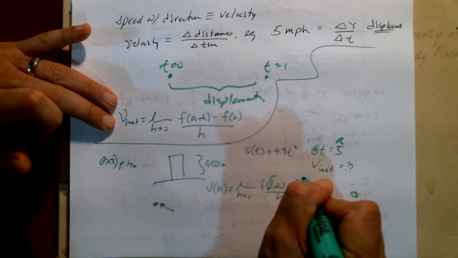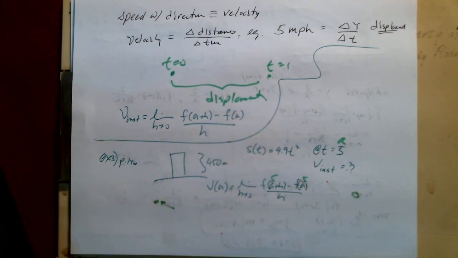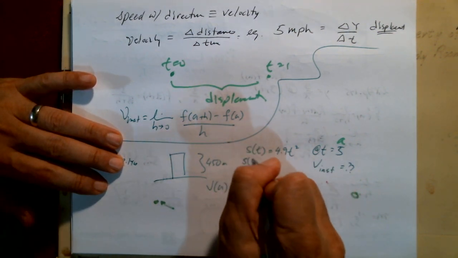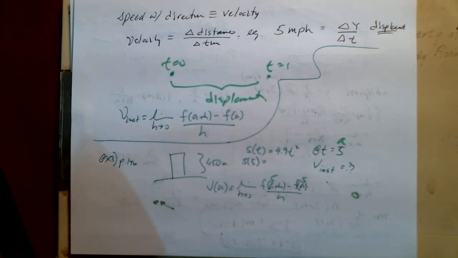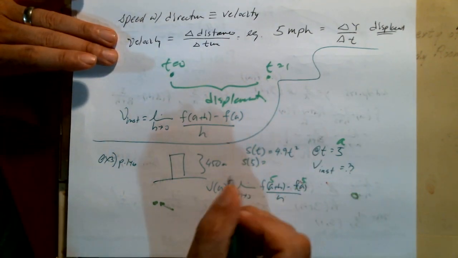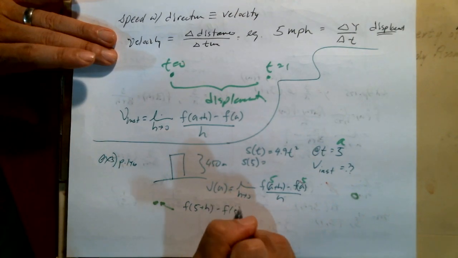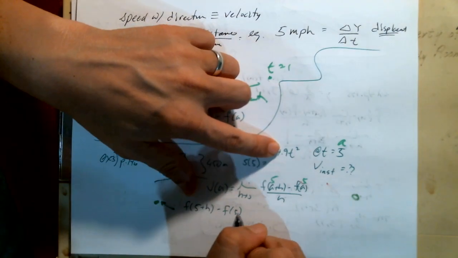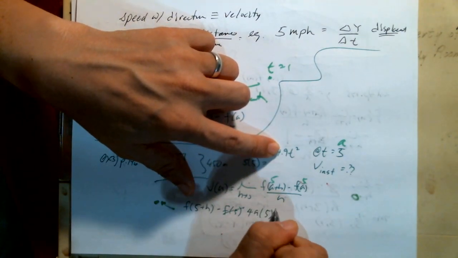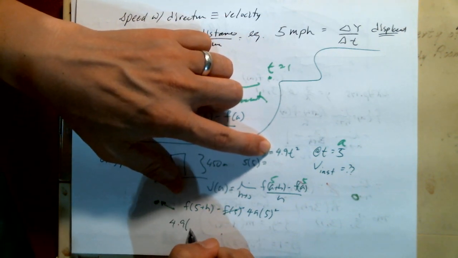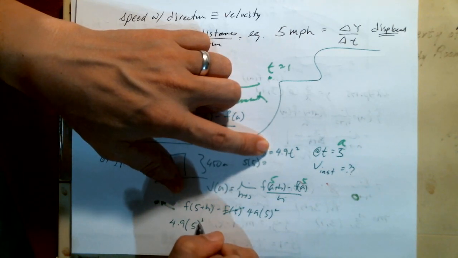So that becomes f of 5 plus h minus f of 5. f of 5 happens to be 4.9 times 5 squared, right?